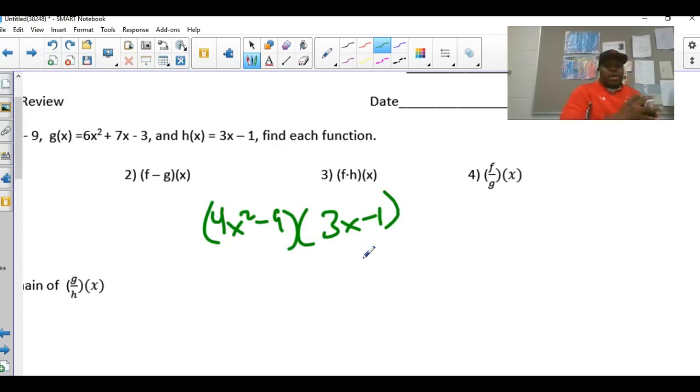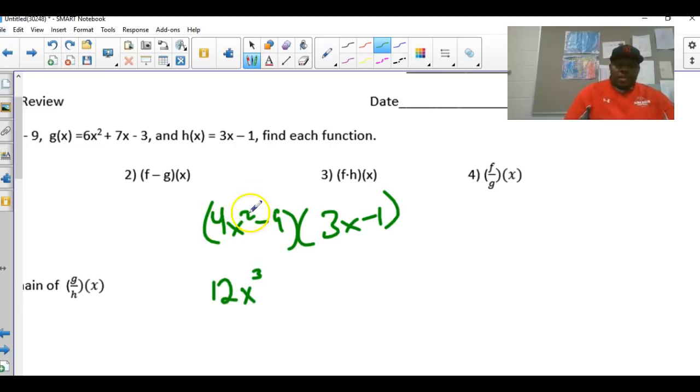When you're multiplying polynomials, these two binomials are going to FOIL. So we go 4x squared times 3x. You do the coefficients: 4 times 3 is 12, and then x squared and x gives me x cubed.